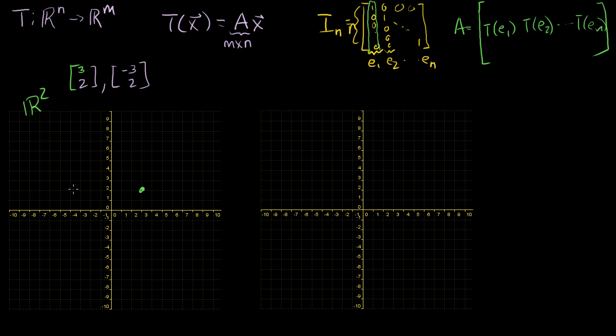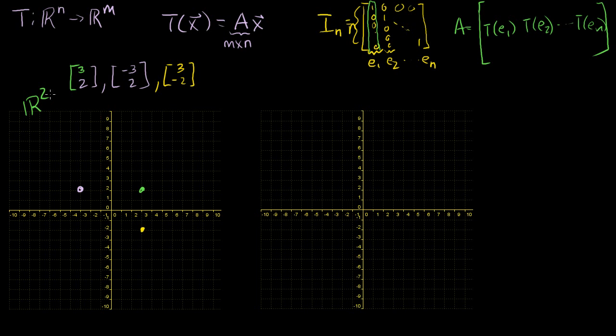And that's this point right here. And then let's say, just for fun, we have the point, or the position vector, 3, minus 2, which is right here.